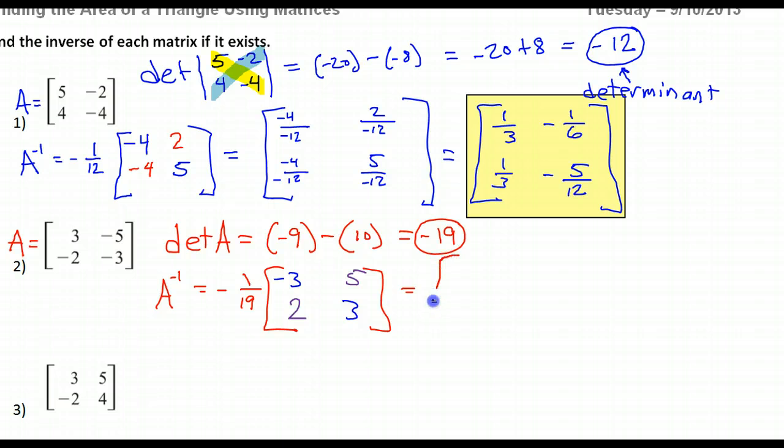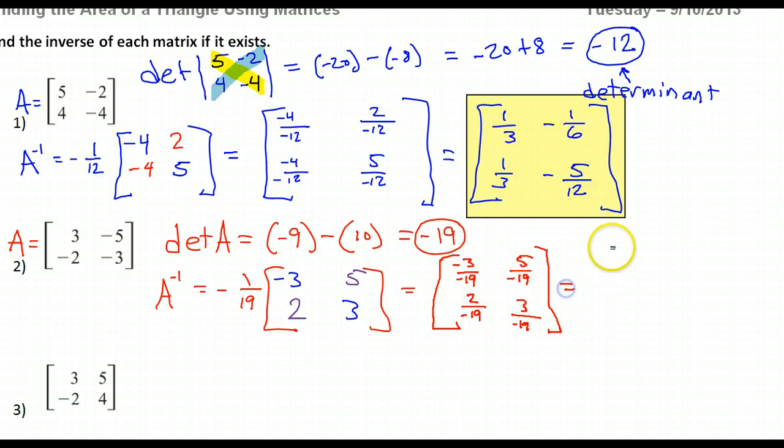Okay, so this is going to be -3 over -19, and 2 over -19, and 5 over -19, and 3 over -19. Well, none of this really reduces, so I probably could have skipped this step and gone straight to the final answer.